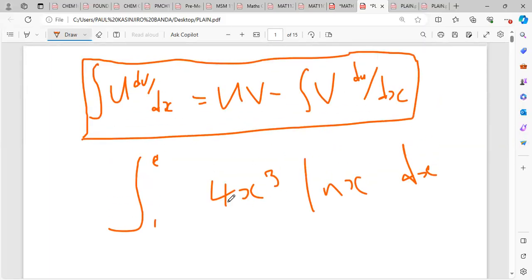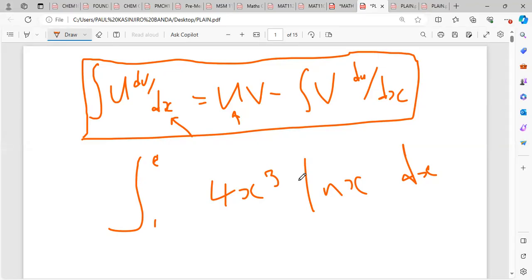We are going to choose our u, and our dv dx, from this function here. So how do you choose that? You always choose the dv dx to be the one that you can easily integrate.